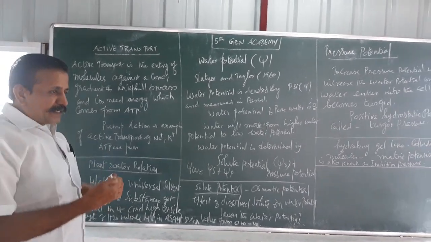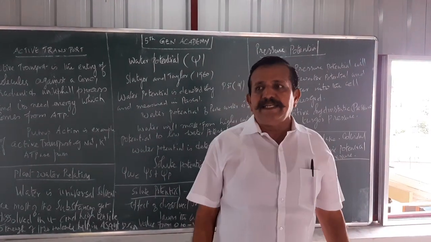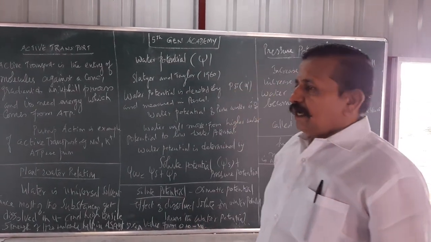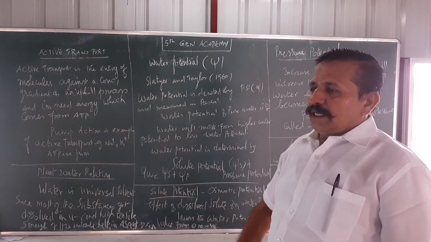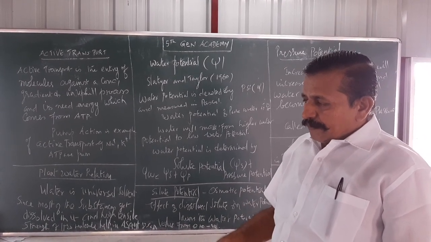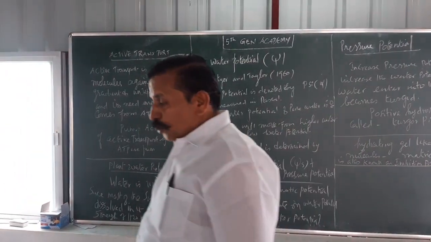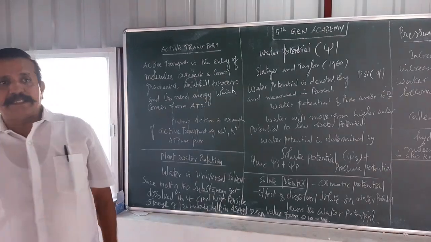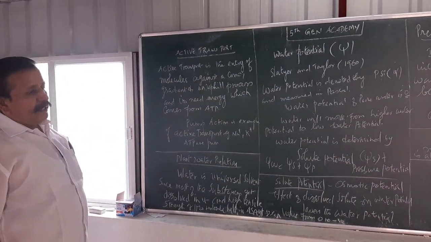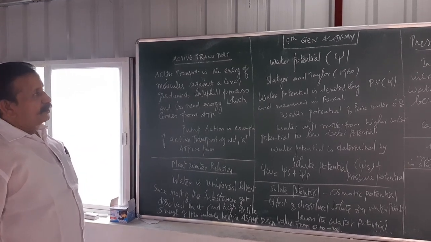Already we have successfully completed certain areas of transport in plants. The percolated water under the soil can also be taken up by water molecules with the help of the root to the top of the leaves.